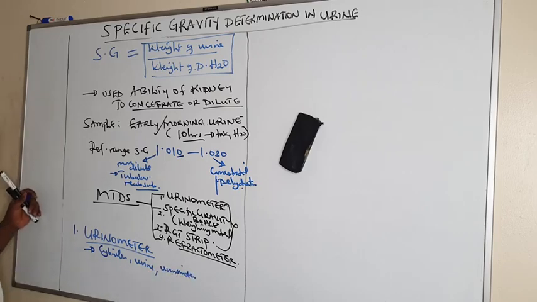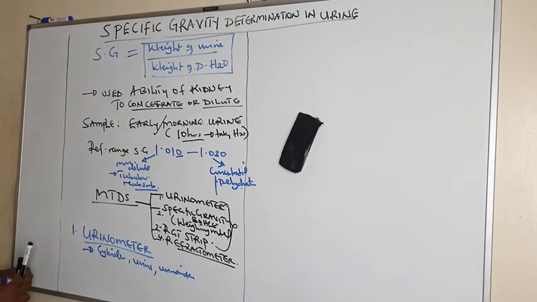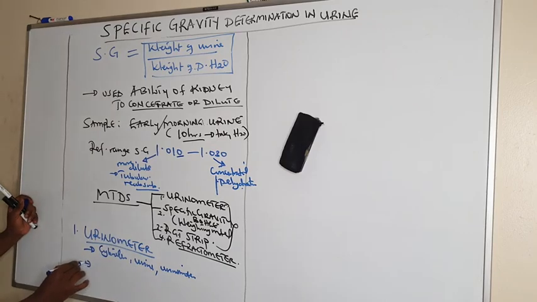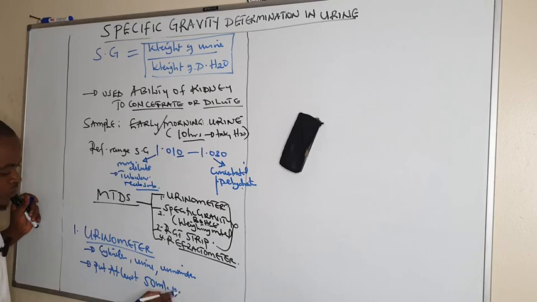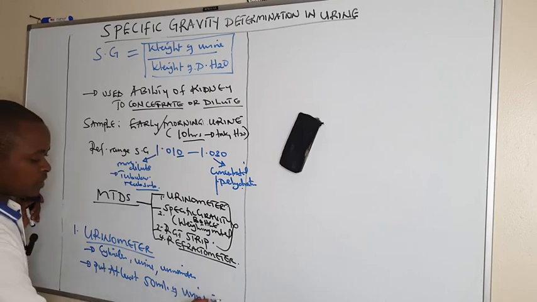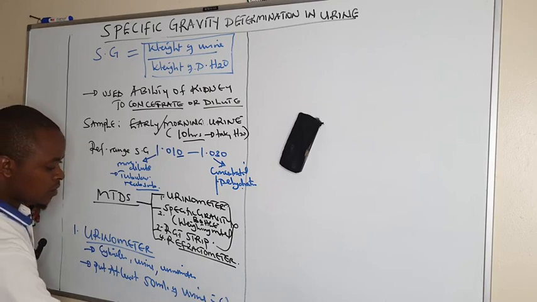These are the major ones we shall need. After assembling these requirements, you are going to put at least 50 mils of urine in the measuring cylinder.